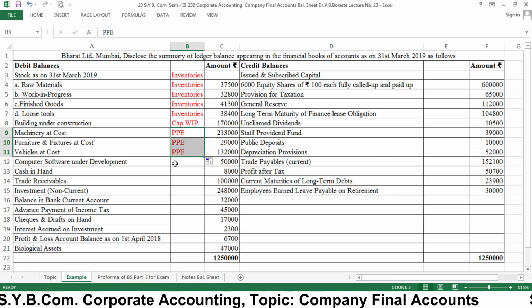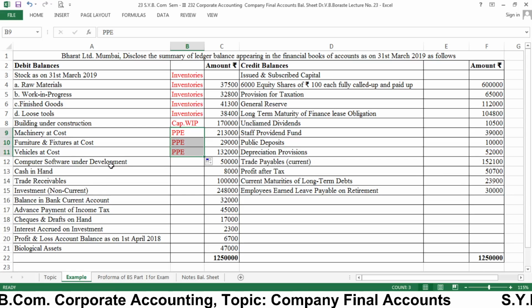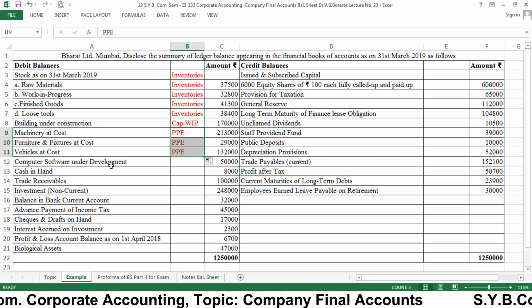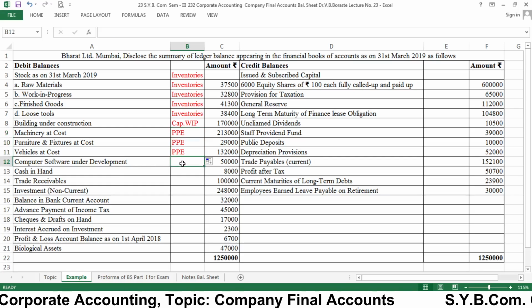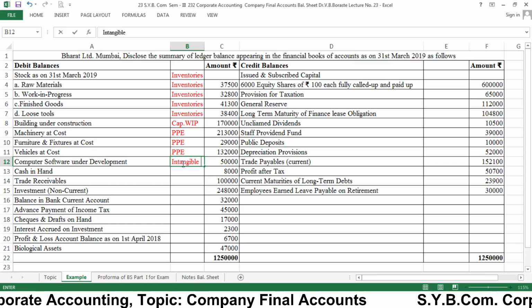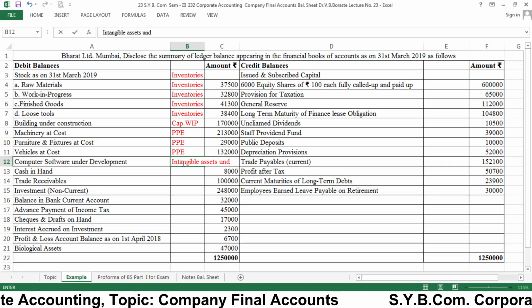Now we have computer software under development. So computer software is an asset, that is, intangible assets under development. So it will be posted in intangible assets under development.